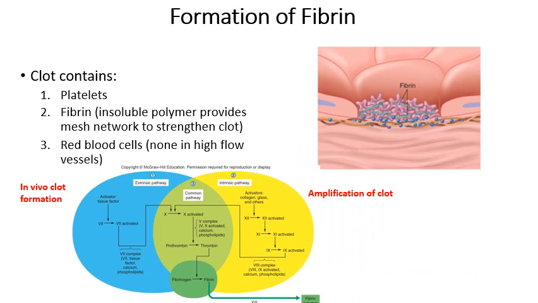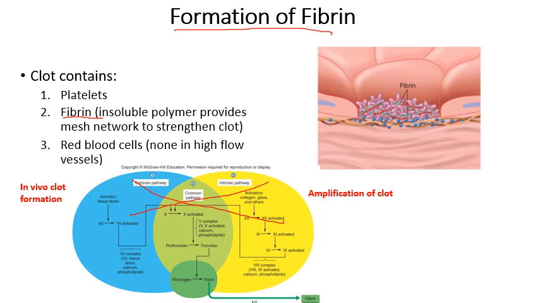Although it's still not strong enough, if this was a very high flow vessel, that plug can still get washed away. So we do what's called fibrin formation. You're not going to need extrinsic and intrinsic, that's too much for us. But basically what's happening here is we're laying this fibrin, that's the green stuff here, mesh-like network.